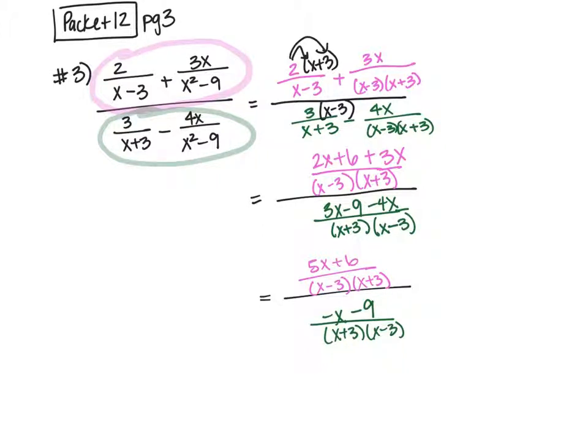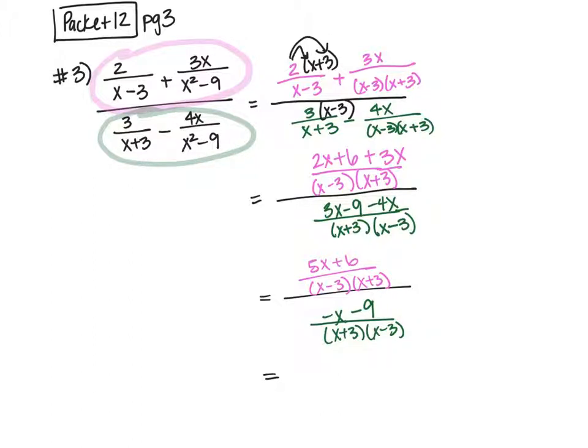Okay, so when I'm dividing, I have 5x plus 6 over x minus 3. Oh, sorry, I'm getting ahead of myself. I should do this in corresponding colors.